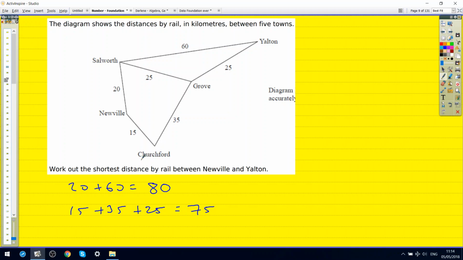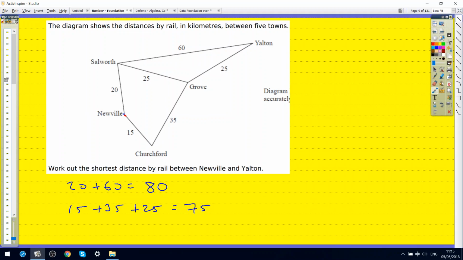No, just what's the shortest distance? So you went, let's see. You went from there to there, and you went from there to there to there. Is there any other route you can take?